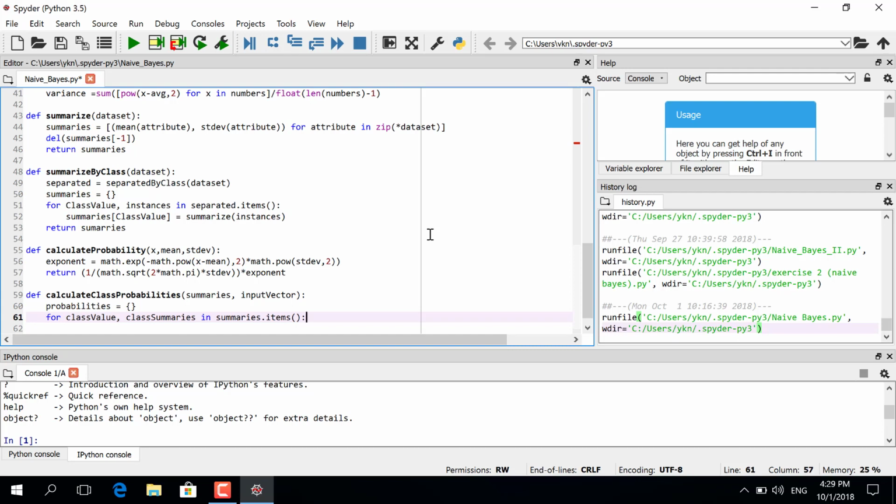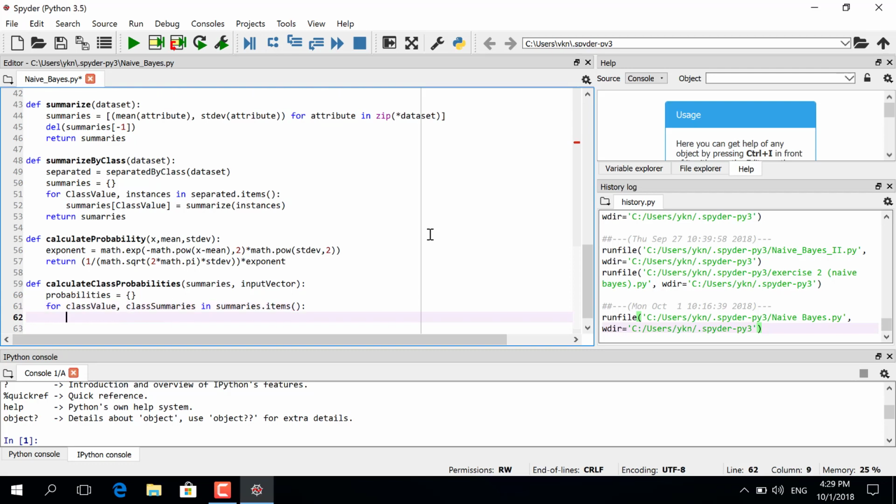Can be +1, can be -1. And the probability of the class value, because the class value is already defined as plus or minus 1, then we should use this bracket. It is equal to 1.